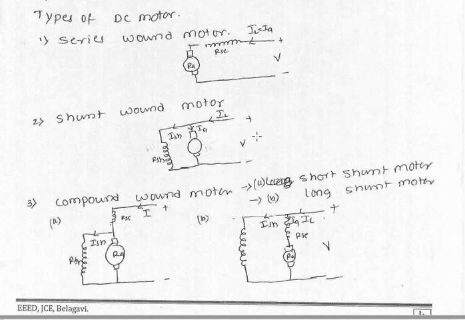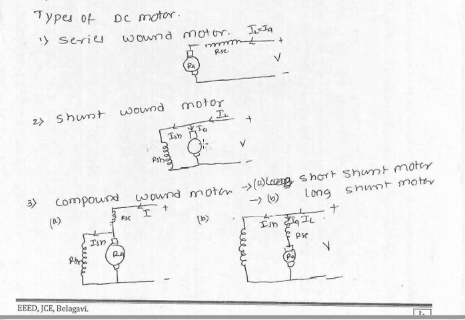When DC supply is given, the load current that flows in is divided into two parts. One path is through the armature, that is IA, the armature current, and another part of the current will flow through the field winding. So here IL is equal to IA plus ISH. If we apply KCL at this node, we get incoming current IL equal to the sum of outgoing currents, IA plus ISH.